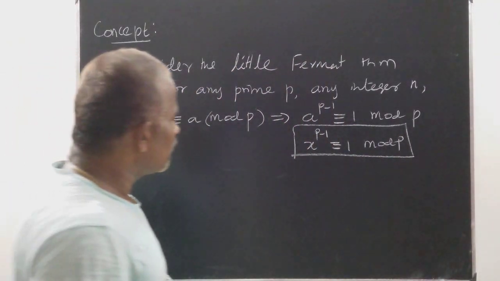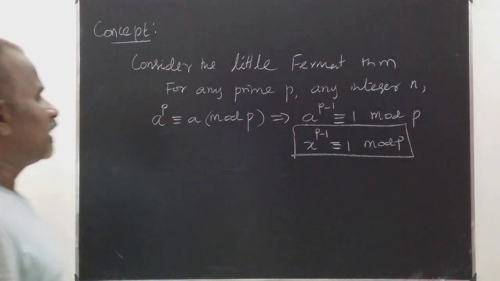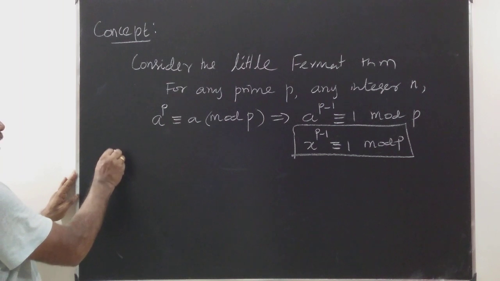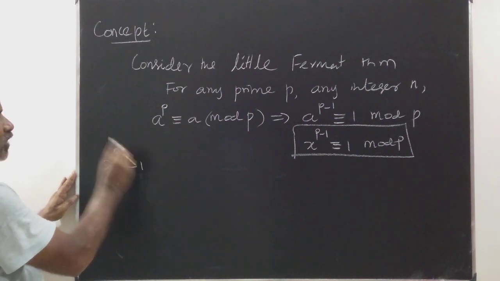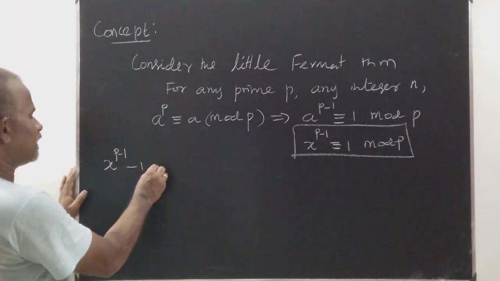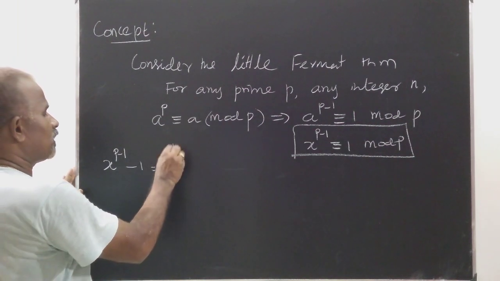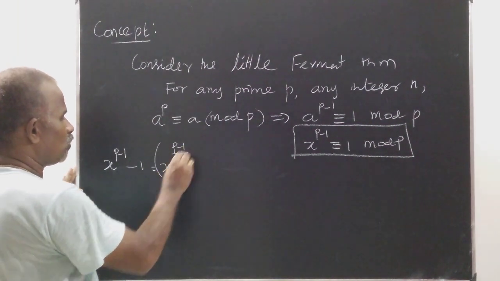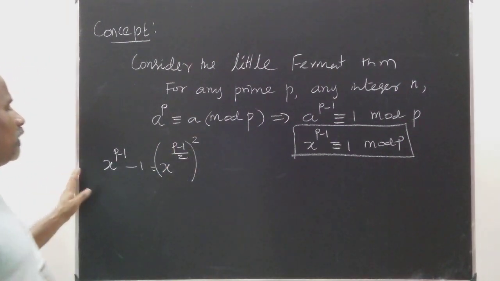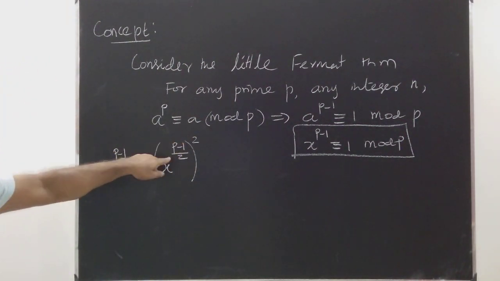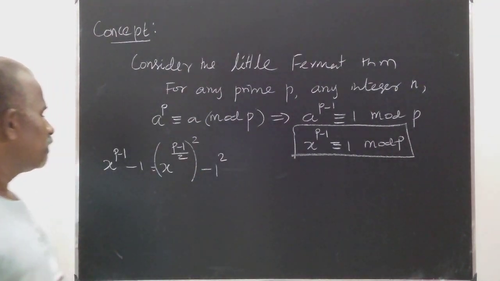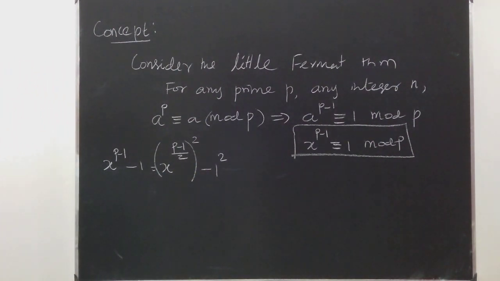Now I can write x power p minus 1 as x power p minus 1 by 2, the whole square. When you multiply, the 2 will be cancelled: minus 1 squared, a square minus b square.